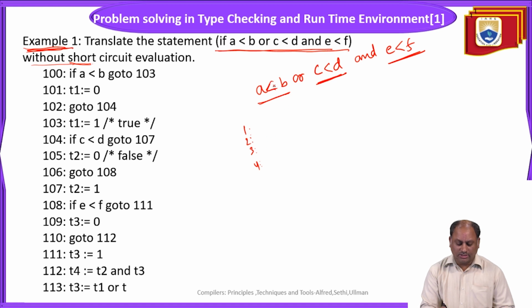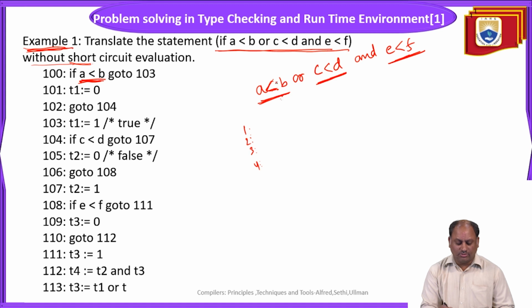So, first the condition is to be evaluated. Based on the result of the condition, if either of them is true, then perform this step. So, first take A less than B. What is the condition? A less than B. So, we will start with this first condition.